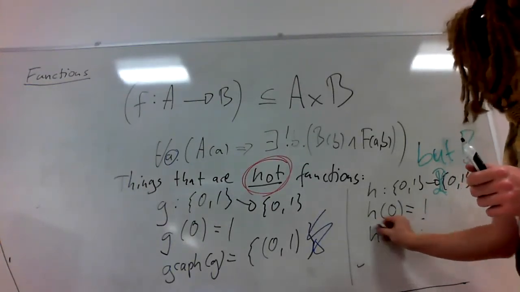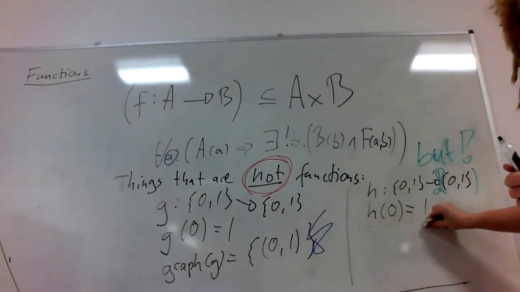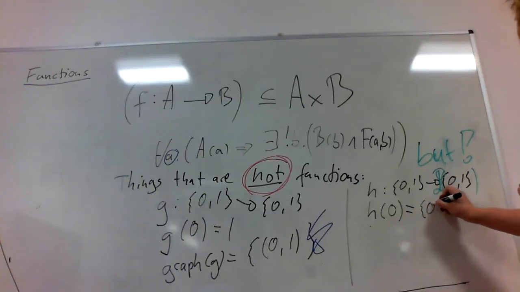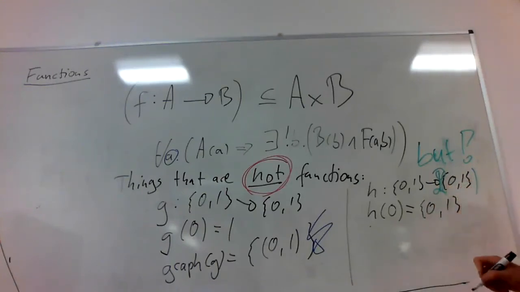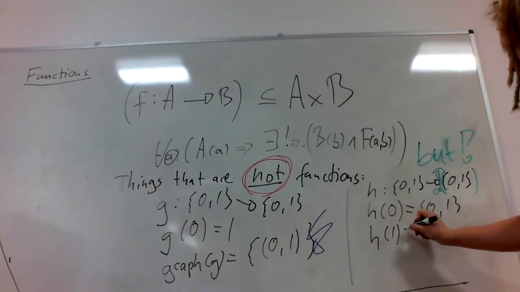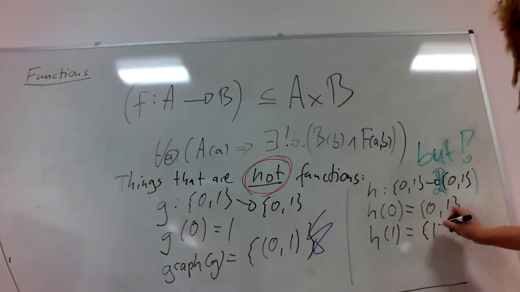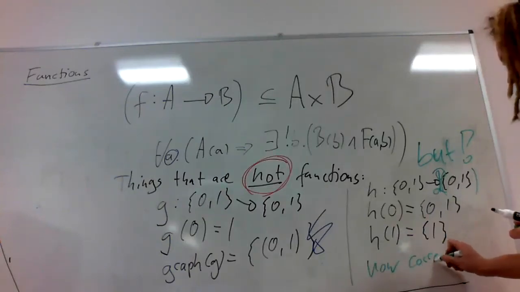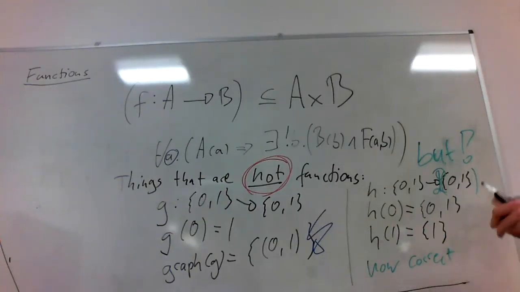If you want to actually model this, it would look like this: we map h of 0, for example, to {0, 1}, so the subset containing 0 and 1, and maybe h of 1 to only {1}. That's a good thing because sets can also be treated as elements, and we can have sets of sets.